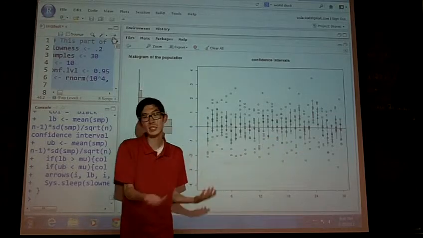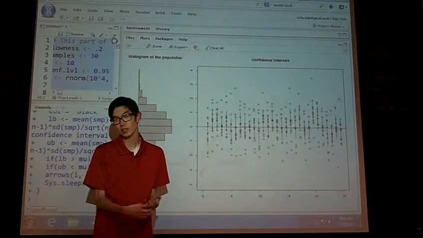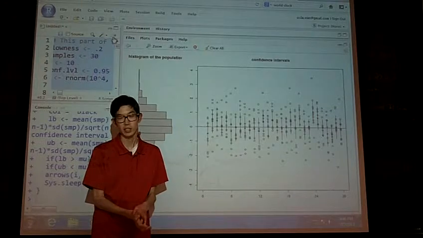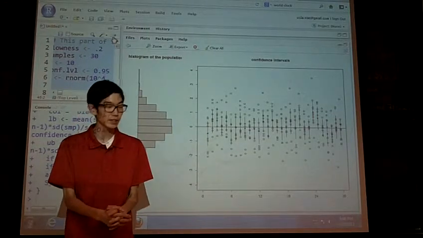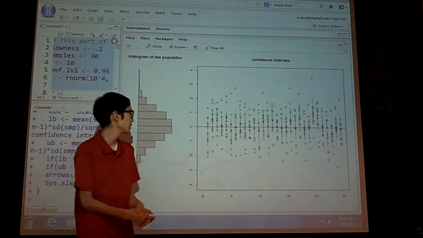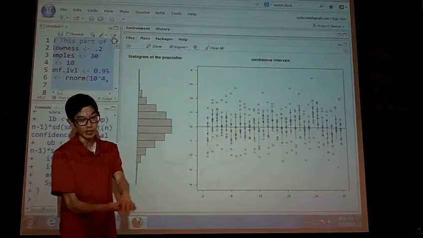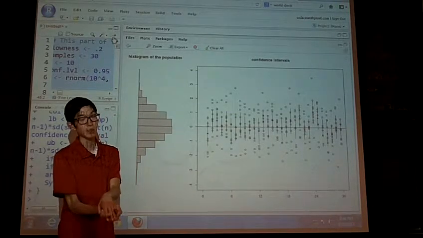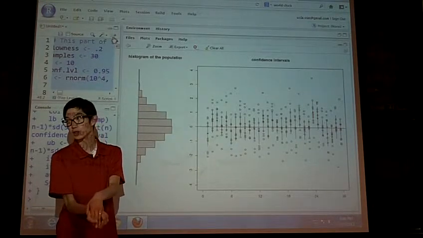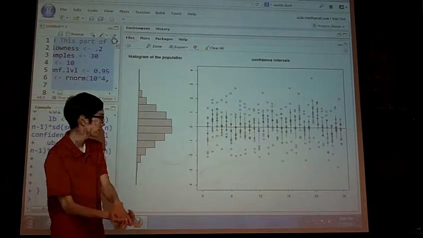Okay, and so you're banking on the fact that your confidence interval has the population mean. Okay, and again, you're banking also on the fact that the sample means come from a normal distribution. Okay, that's the other part that goes into it.